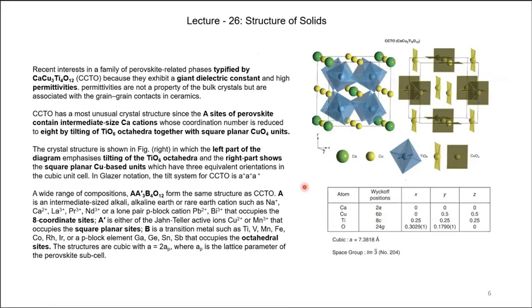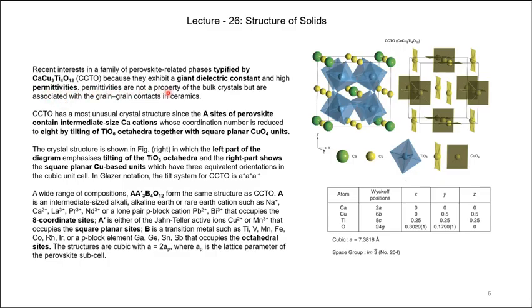As we said, there are many other types. Another recent interesting family of perovskite-related phases is calcium copper titanium oxygen, in short CCTO, because it has giant dielectric constant and permittivities.